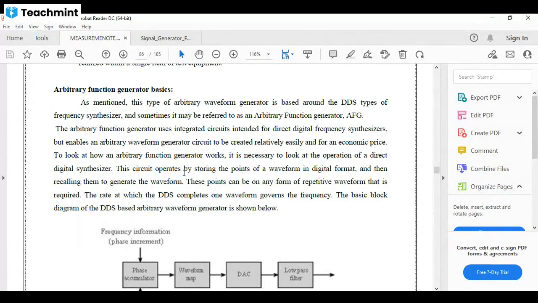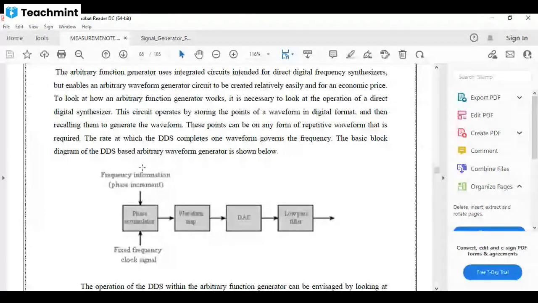This circuit operates by storing the points of a waveform in digital format, then recalling them to generate the waveform. These points can be any repetitive waveform that is required, and the rate at which the DDS completes one waveform relates to the frequency. The basic block diagram of the DDS as an arbitrary waveform generator is this.